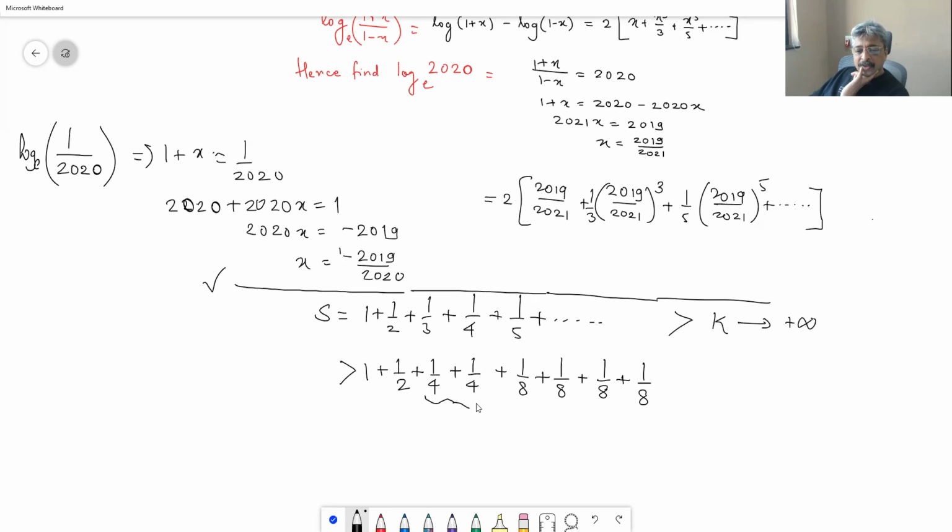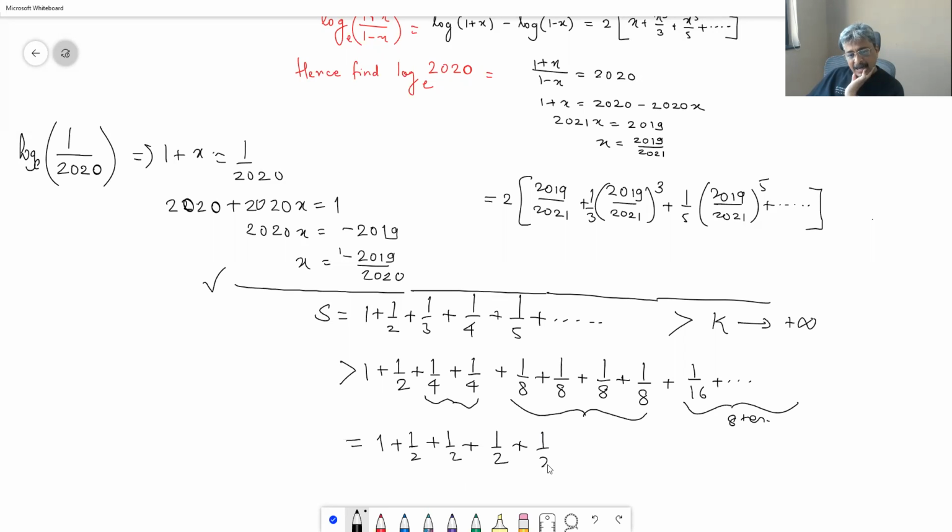So this is one group giving a half, and this is another group. The next group will be of 8 terms, 1 by 16 each. How many terms? 8 terms. And will this continue? Yes. Every time I am making the RHS smaller than the LHS. So therefore 1 plus half plus half plus half plus half, how many times? Infinitely many times.